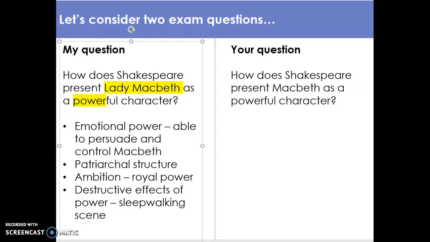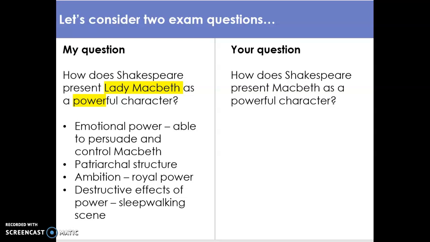She has this desire to persuade her husband to commit an act of evil in order to achieve power. But actually, by the end of the play, we see a broken woman who is surprised by the consequences of her choices. Okay, so I've just made, it's not a detailed plan, but it's a starting point of some big ideas about Lady Macbeth as a powerful character. In some ways she is powerful, but in other ways she's not.